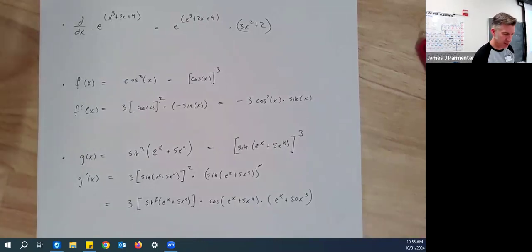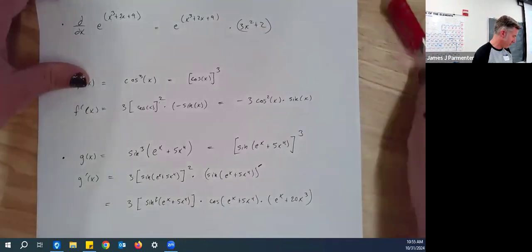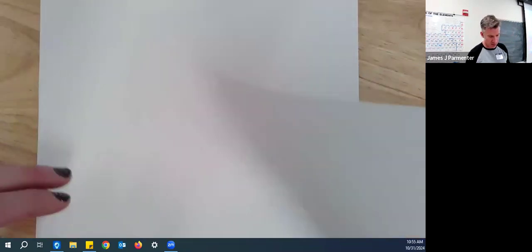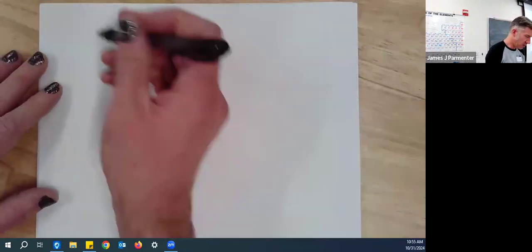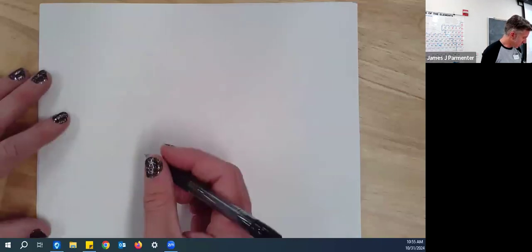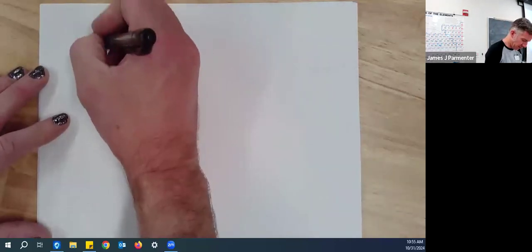Okay. Let's briefly write down what we have here as far as things we know how to take the derivative of, and then we will move along to talking about implicit differentiation, which is still really the chain rule, I'll point out a lot. Implicit differentiation is just the chain rule, again, thought of in a slightly different way. So here is what we have.